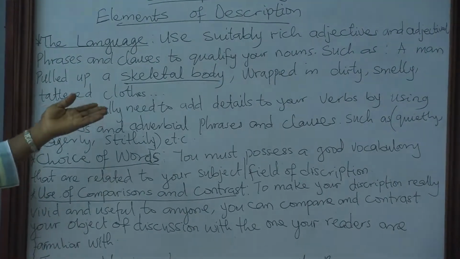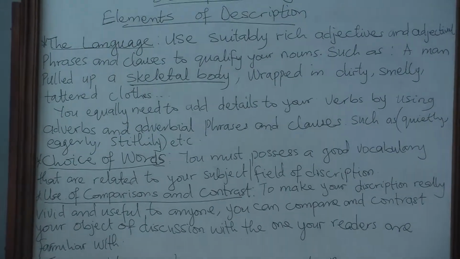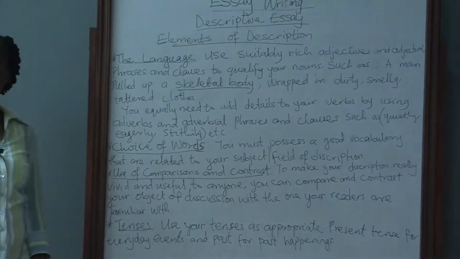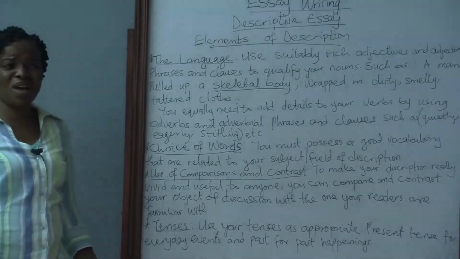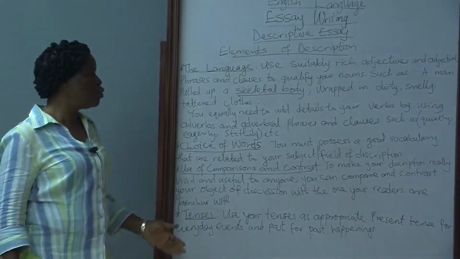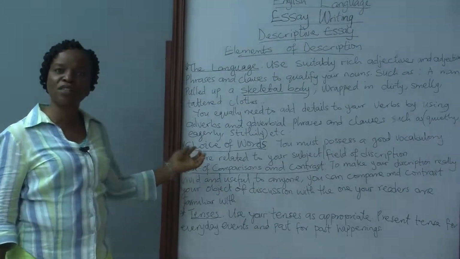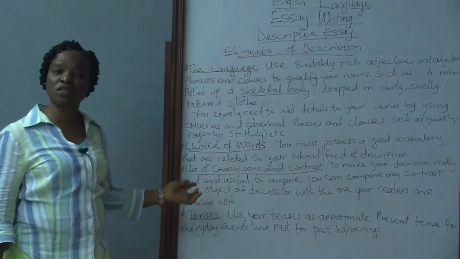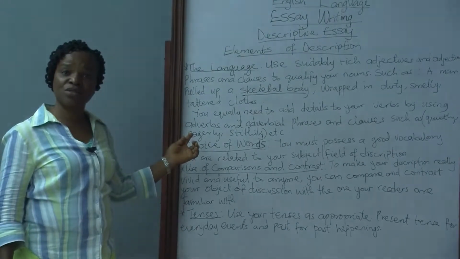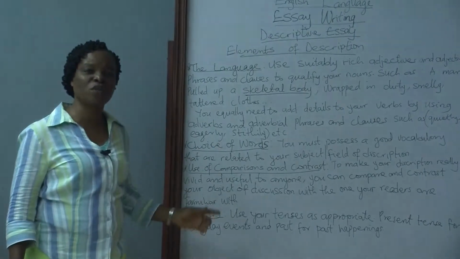Giving you examples, like you're describing somebody who is probably looking so haggard. Not just that he looks so haggard. I'm like, how haggard? I don't know. Now you're saying, oh, a man pulled up, a skeletal body wrapped in dirty, smelly clothes. These are all expressions to describe that man. To tell whoever is reading it, you don't need to show that person the man.